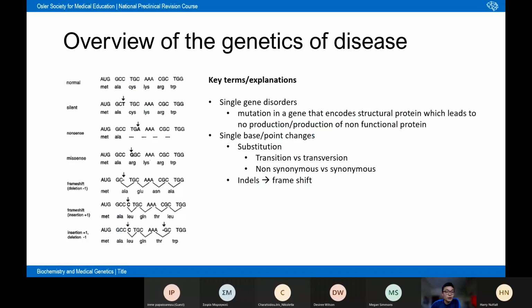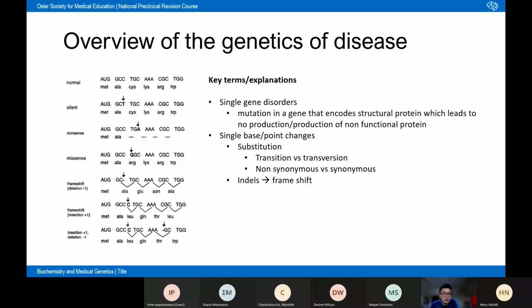Okay, so just an overview of the genetics of disease. When we're talking about single gene disorders, of which there's a variety of diseases, this is referring to a mutation in a gene that encodes a structural protein, which subsequently leads to either no production or production of a non-functional protein.